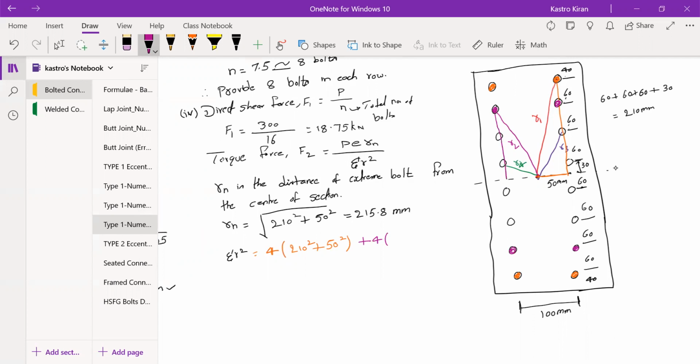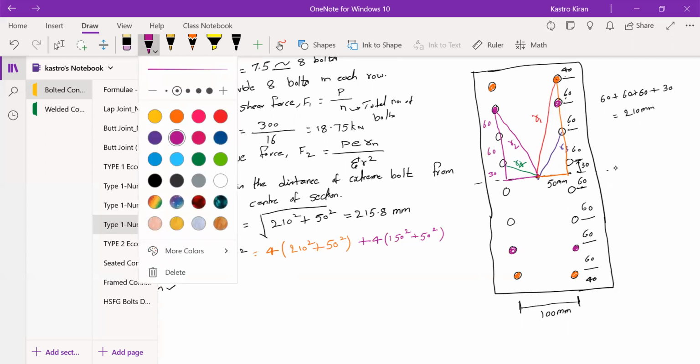The vertical distance is 60 plus 60 plus 30. 60 plus 60 is 120 plus 30 is 150. That is 150 square. Again, the horizontal distance is 50 mm, 50 square. So this value corresponds to R2.